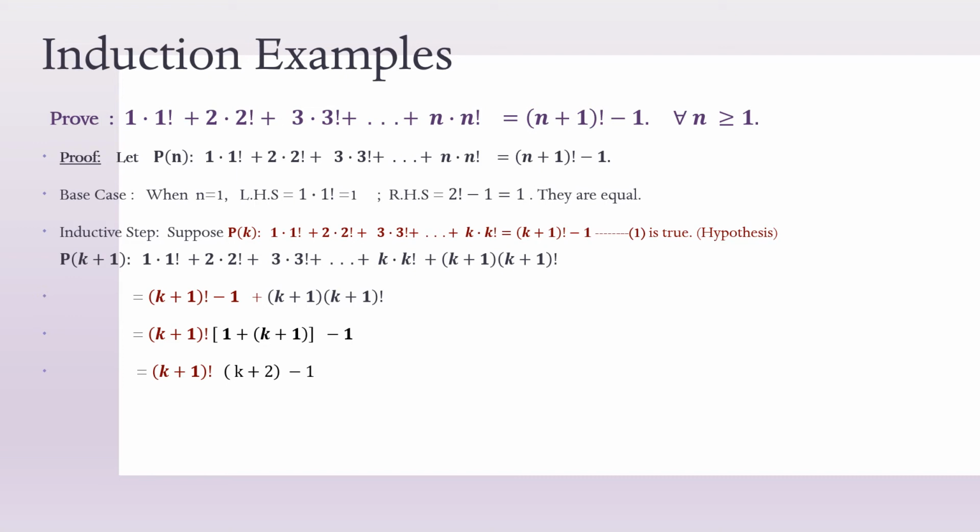This k plus 1 factorial into k plus 2 can be combined as k plus 2 factorial minus 1. And that is the right-hand side of P of k plus 1. So since the left-hand side is the same as the right-hand side, the result is true. We usually use this symbol QED, which is a Latin phrase which literally means what was to be shown. So this is what we have to show, and hence the proof of this mathematical induction method.